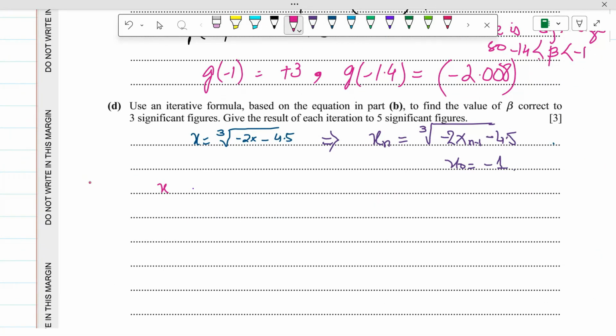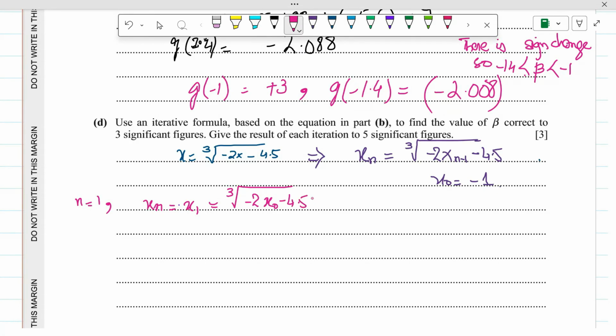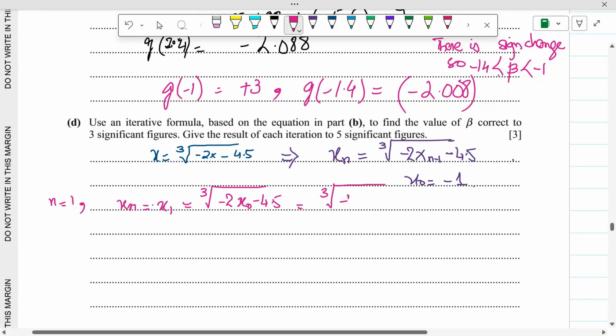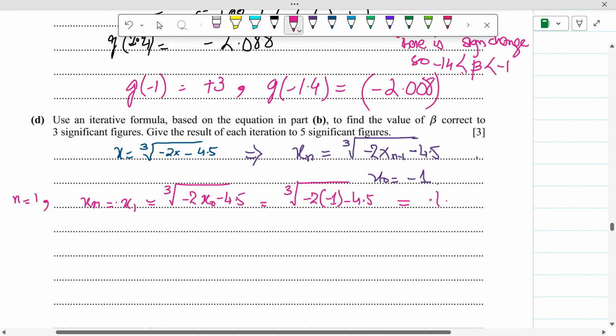So when n is equal to 1, x1 is equal to the cube root of negative 2 times x0 minus 4.5, which is the cube root of negative 2 times negative 1 minus 4.5, and this is equal to negative 1.357208.